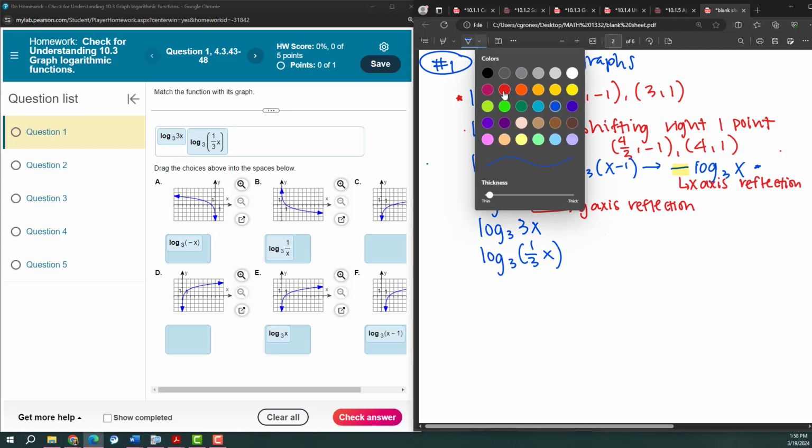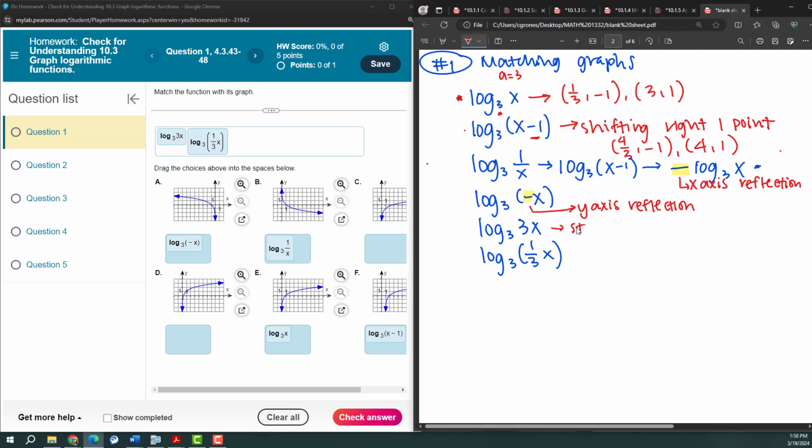So let me put that. So we are going to stretch, and then the 1/3 is going to shrink our graph. And these are both the vertical stretch or shrink.